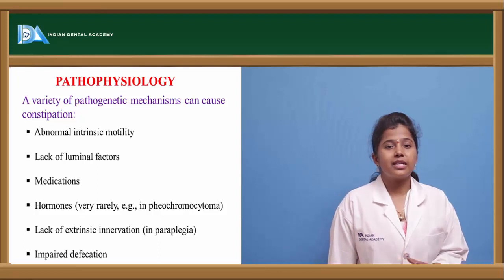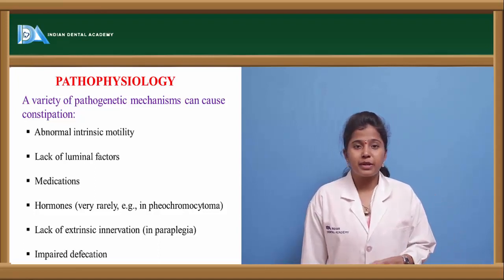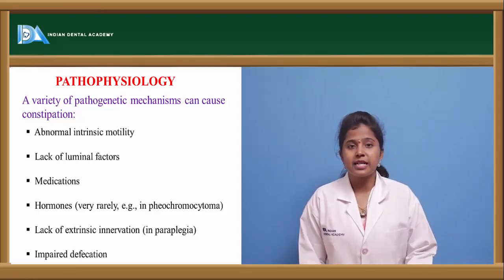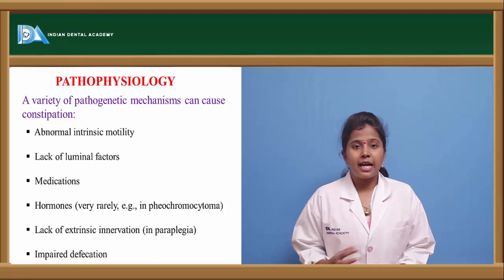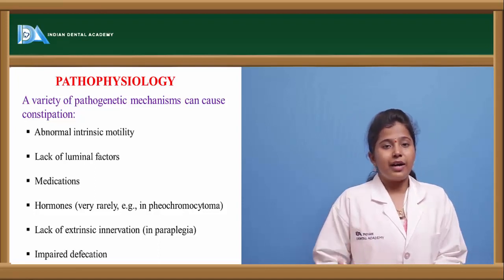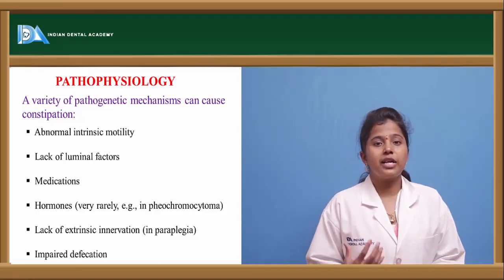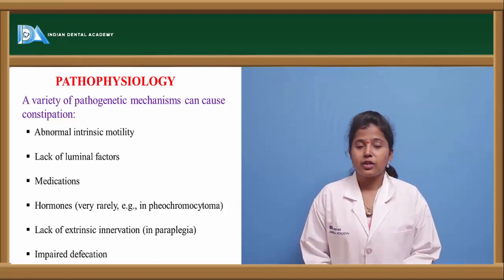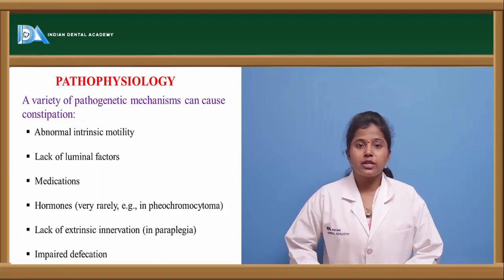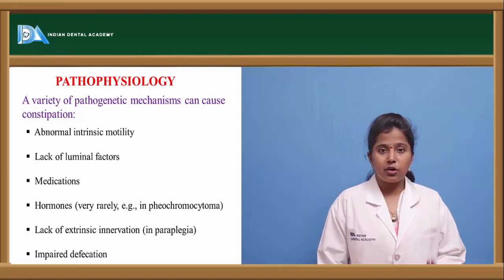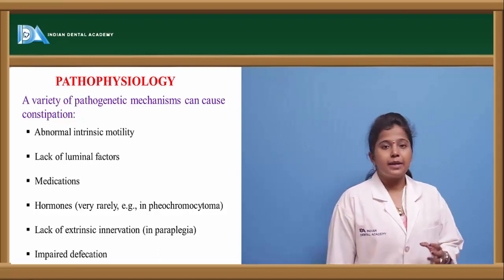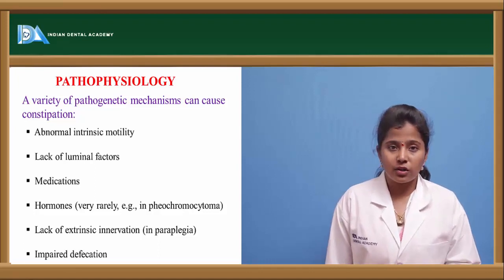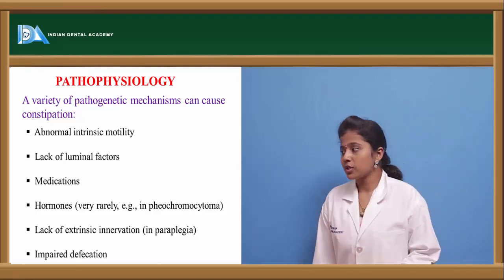There are various other factors which aid in peristalsis. For a peristaltic movement to take place, the mesenteric plexus has to send reflexes, and if these reflexes are sent, then it releases some substances in the body, and these substances stimulate the smooth muscles to move. If these factors are absent, then constipation may occur. And because of medications, there are various drugs which have the side effect called constipation.